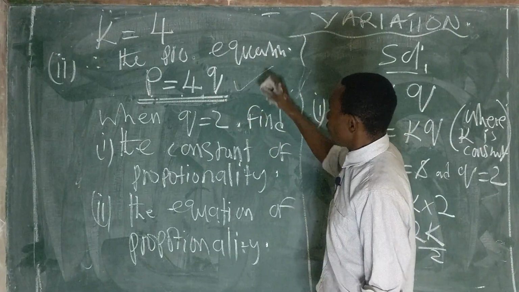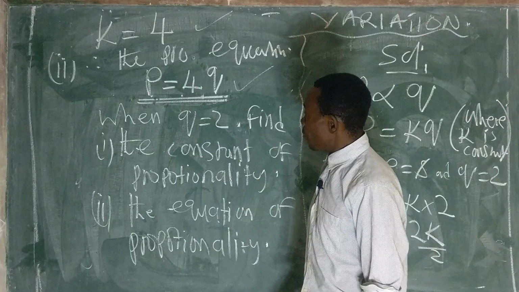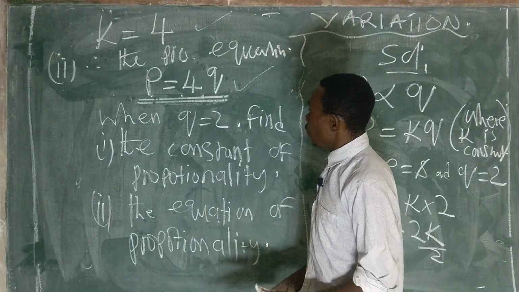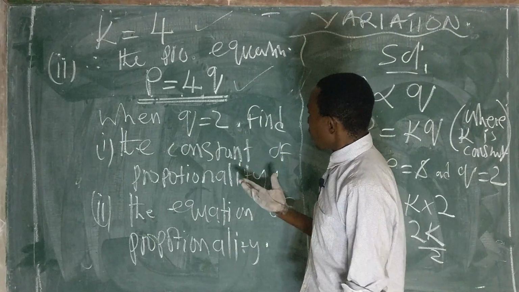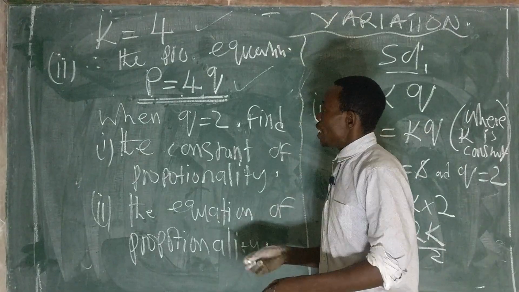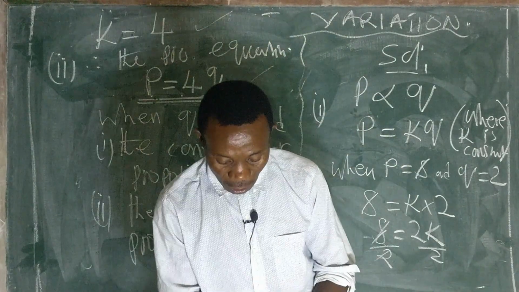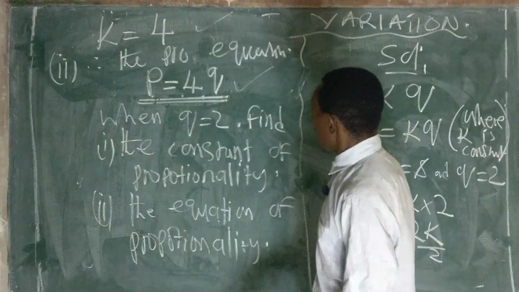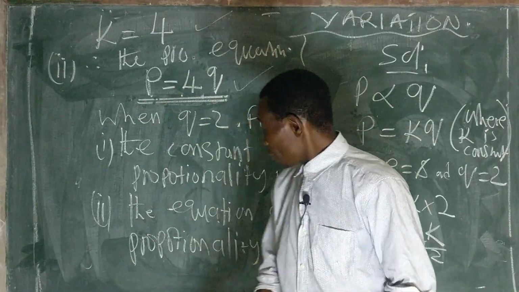Right. So this is very important. K is also very important. So please, students, let's get to know, first of all, the value of the constant and also the nature of the proportionality equation that will always be there to be used in working out the values of the quantities.